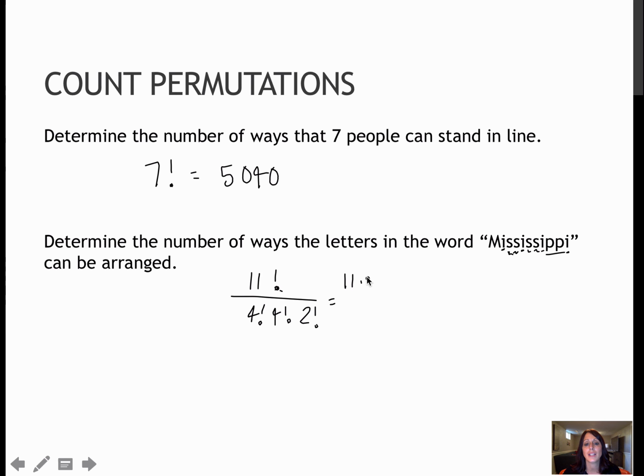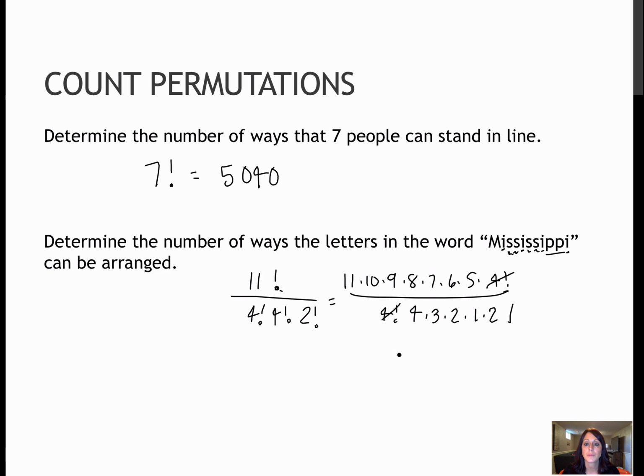Again, we talked about a way to reduce this a little bit. This would be like 11 times 10 times 9 times 8 times 7 times 6 times 5 times 4 factorial. And so one of those 4 factorials would reduce. Then I still have 4 times 3 times 2 times 1, and then times 2 times 1. So again, anything else I can reduce, like 8 is the same as 4 times 2. 6 is the same as 3 times 2, and so now my denominator is essentially 1.